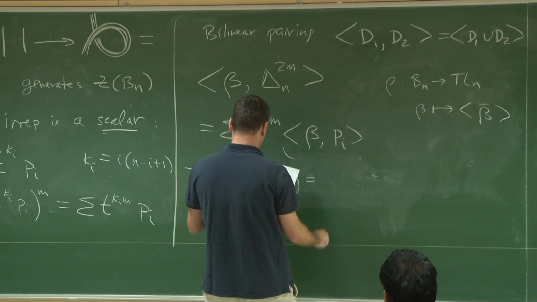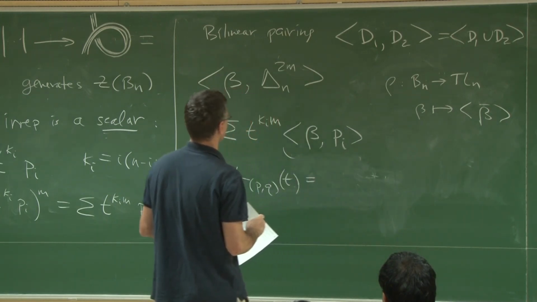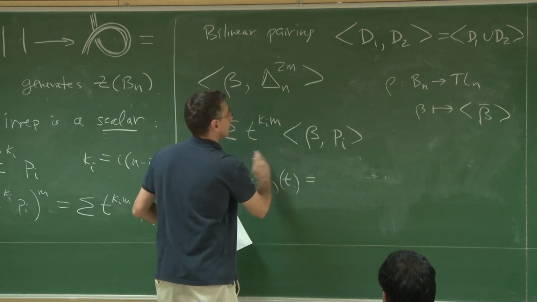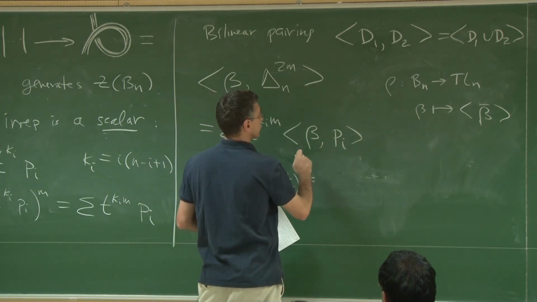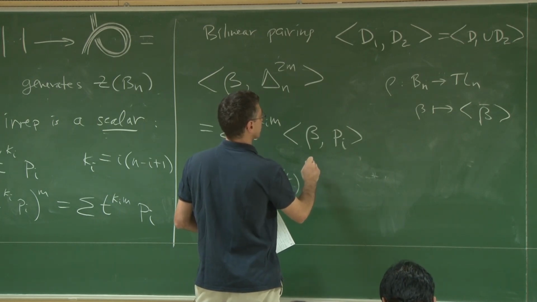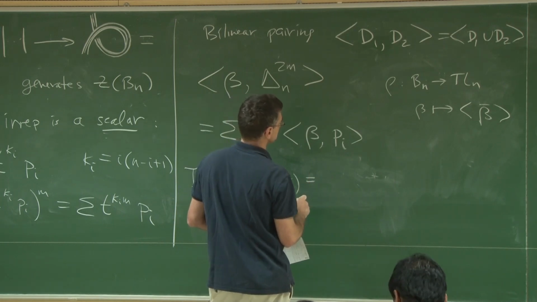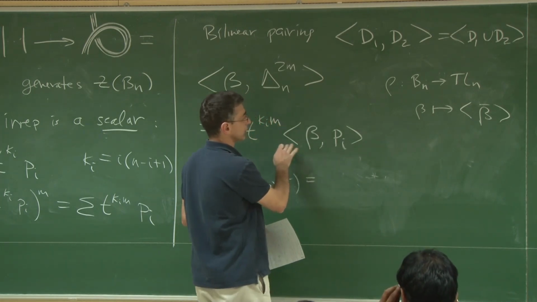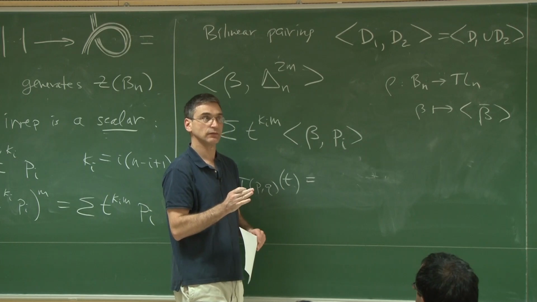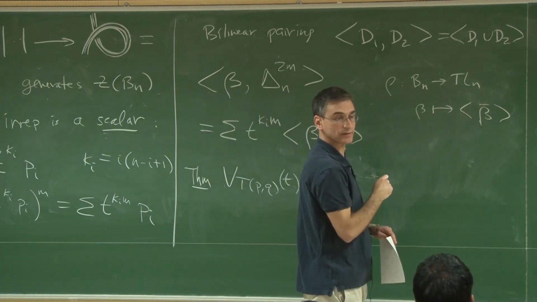Okay. Rho beta instead of beta. Here the p_i's are in the algebra TLN. So I guess what I should do is, beta is a braid. Yes, it is a braid, and I'm taking the Kauffman bracket with elements with these various p_i's.